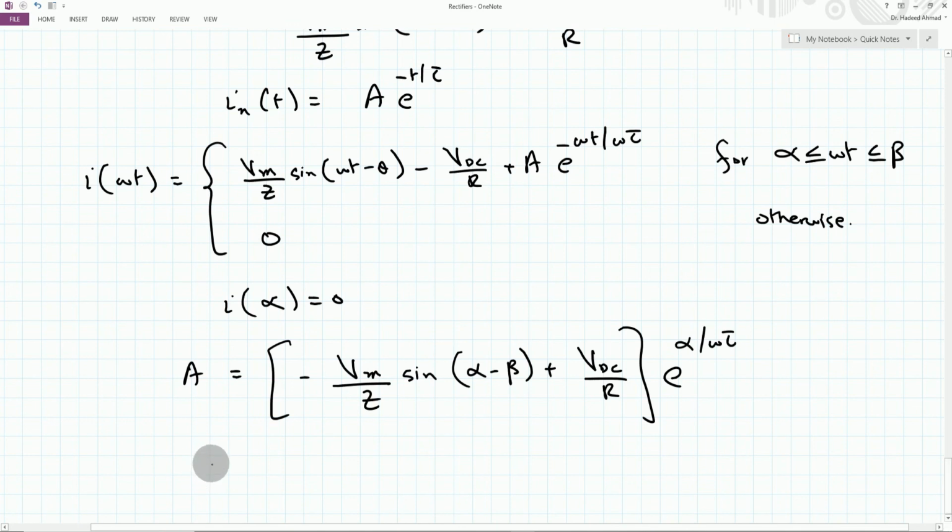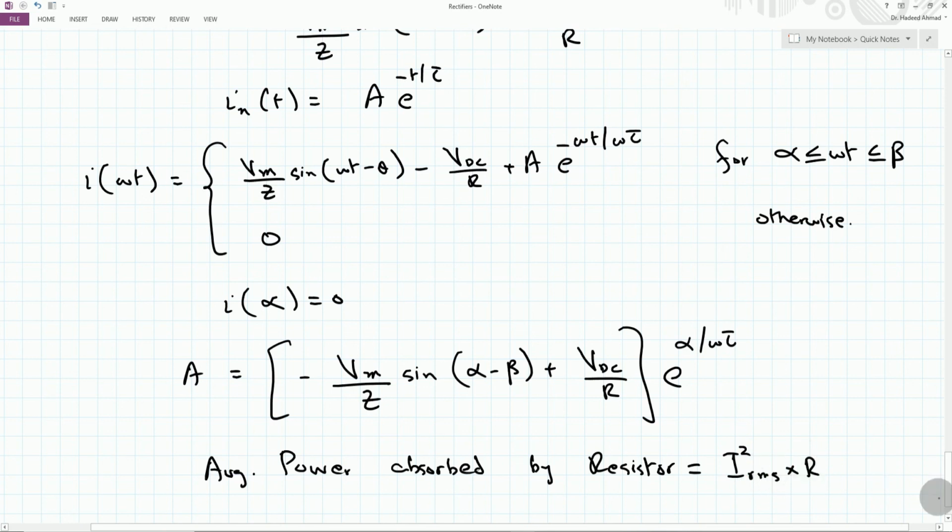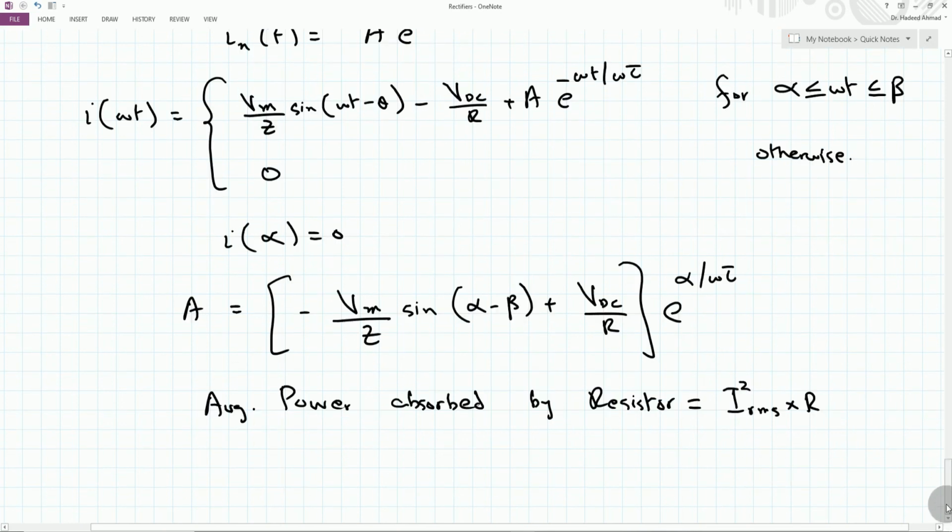So the power absorbed by the resistor is equal to I squared RMS times R, and for the DC source it is equal to I naught times VDC, where this I naught is the average current or the DC current, the average output current.